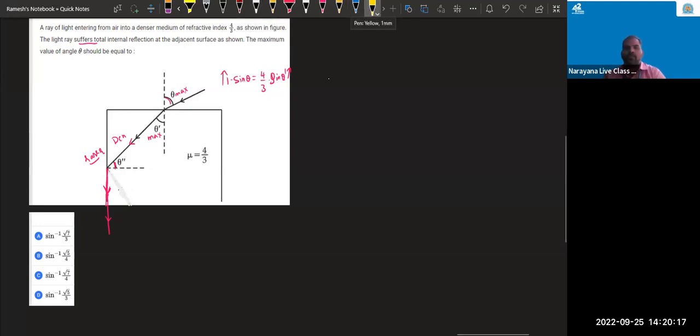Correct or not? So shall I write at this interface, with your permission, 1 into sin 90 is equal to 4/3 into sin theta double prime? Understood the step? Pandey, understood?